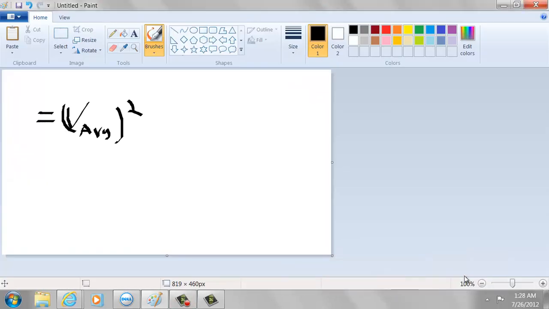So we resume. And that integral, that previous equation that I just showed you, is equal to the average velocity squared. So now this fits into Bernoulli's equation.